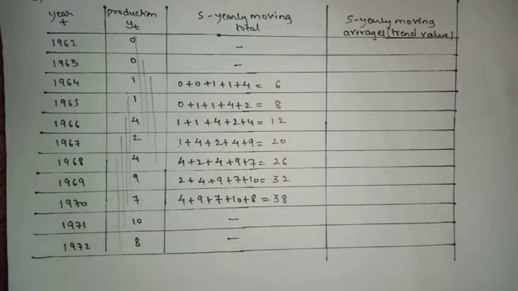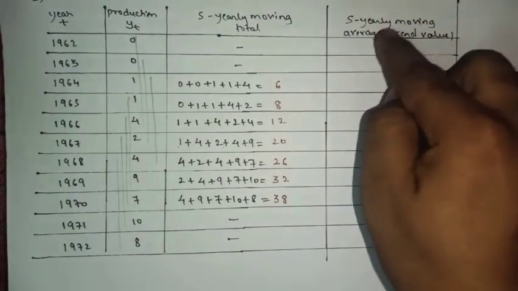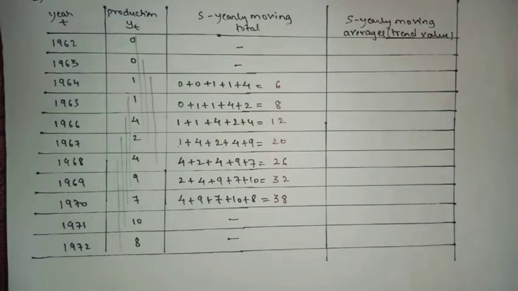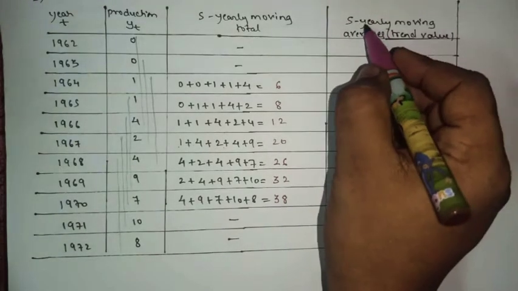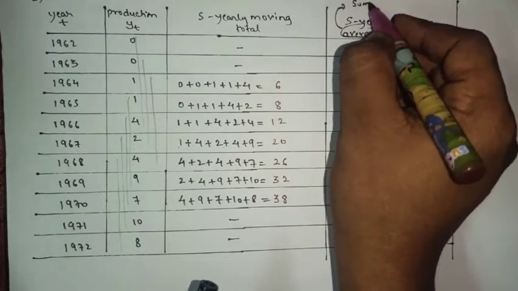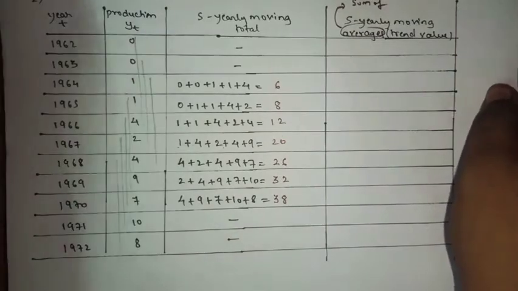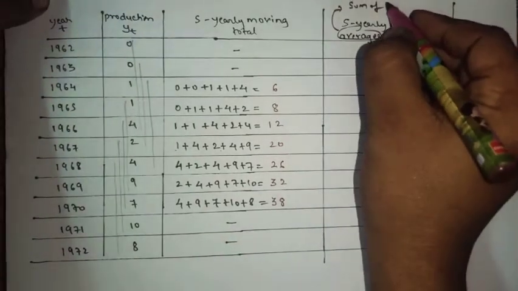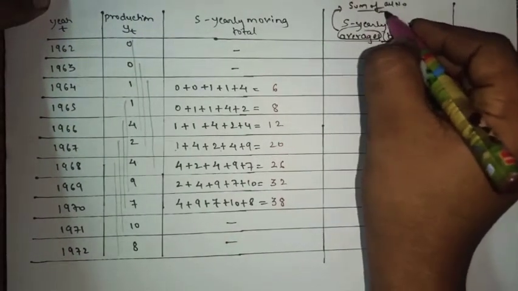Okay, now we'll find the answer for the last column. Here it says 5 yearly moving average. We all know, what do we mean by average? Average means the sum of all numbers divided by the total numbers.